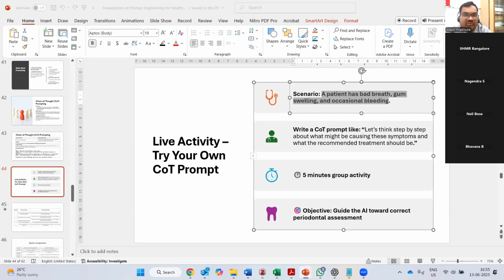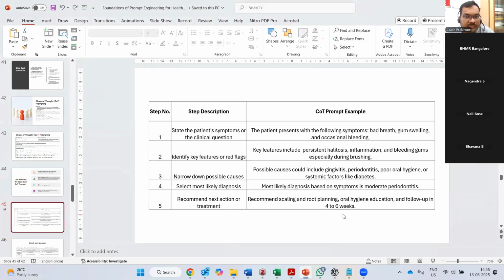You guys can try with this and let me know if you are facing an issue. Am I presenting correctly? You can look at this as a reference model for you.